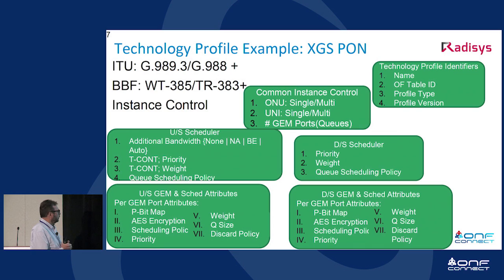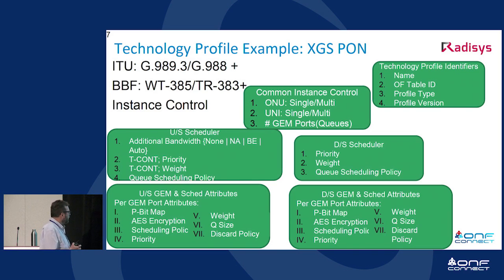There's also a queue scheduling policy that allows me, if I have more than a single gem port, to apply priority scheduling, weighted round robin scheduling, or a hybrid of both. We'll see in a little while, I think I have a picture of the AT&T Open OMCI specification for a high-speed internet service, and you'll see that in general there are 4 gem ports with a hybrid type scheduling.